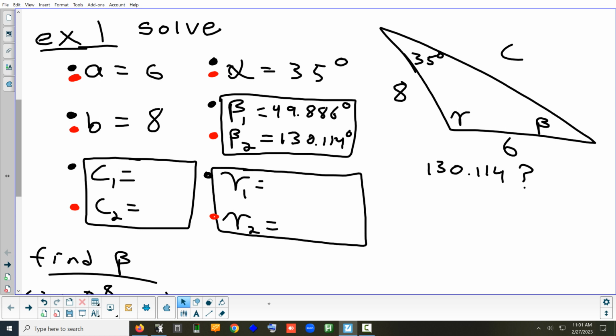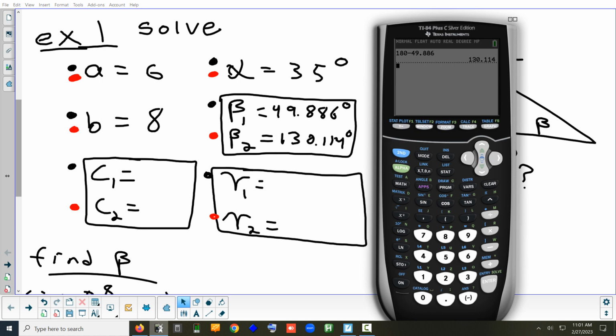So any questions on how we got beta 1 or how we got beta 2 and know that it is an answer to the problem? Okay, so now this is what we call a 2-solution case. Let's get gamma 1. What angles am I going to add together and subtract from 180 to get gamma 1? Yep, alpha and beta 1.